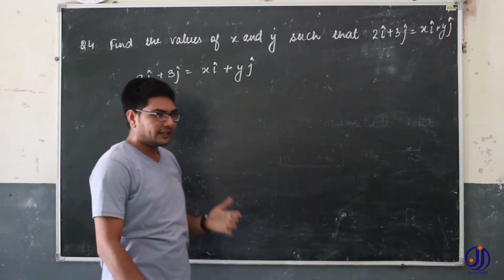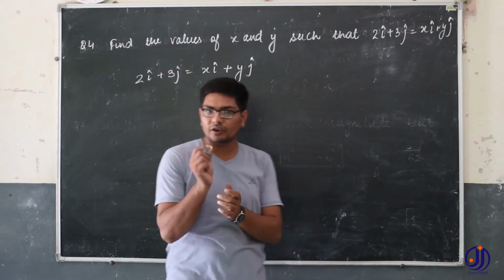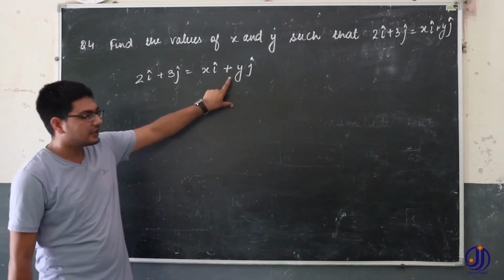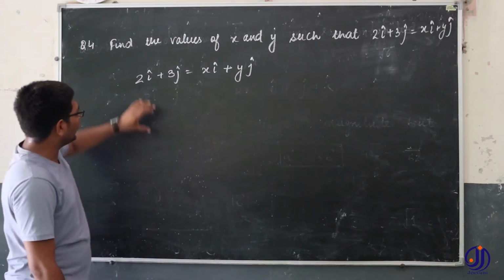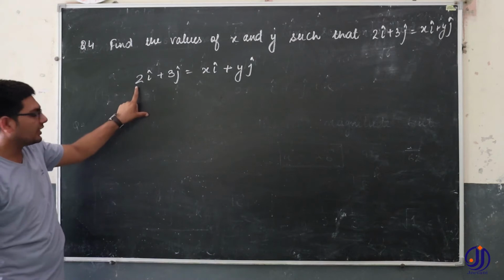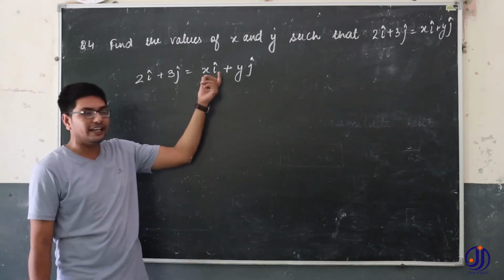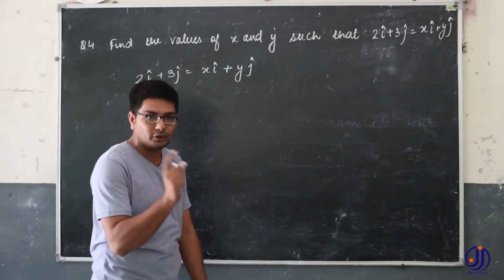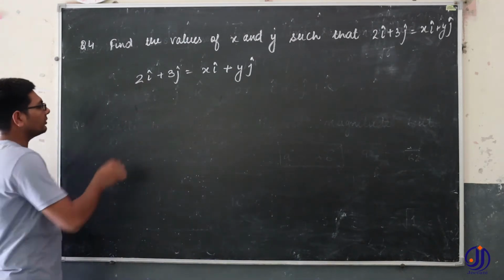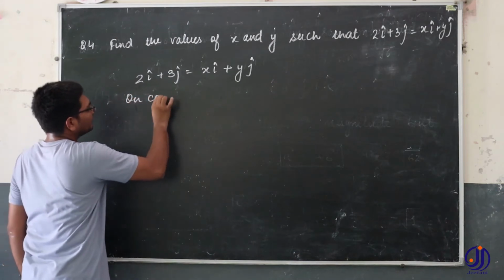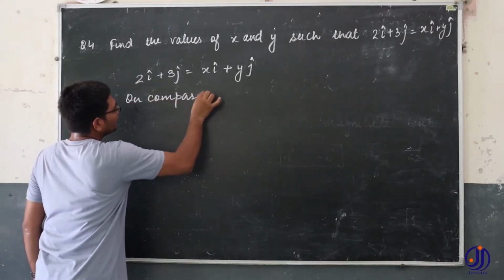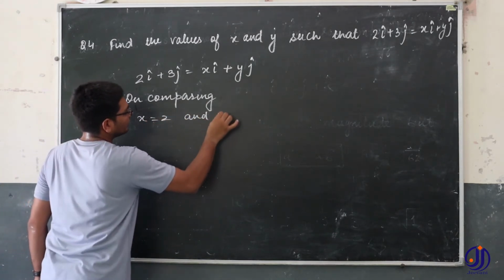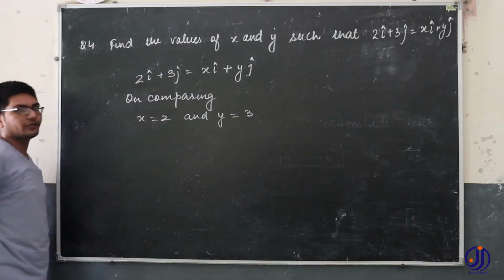Remember that the coefficient of i cap is the x component, the coefficient of j cap is the y component, right? So here, what is the coefficient of i cap? It is 2, and the coefficient of i cap here is x. And for two vectors to be equal, the respective components must be the same. On comparing, just compare the coefficients. You will get the value of x as 2 and y as 3. These are the values of x and y.